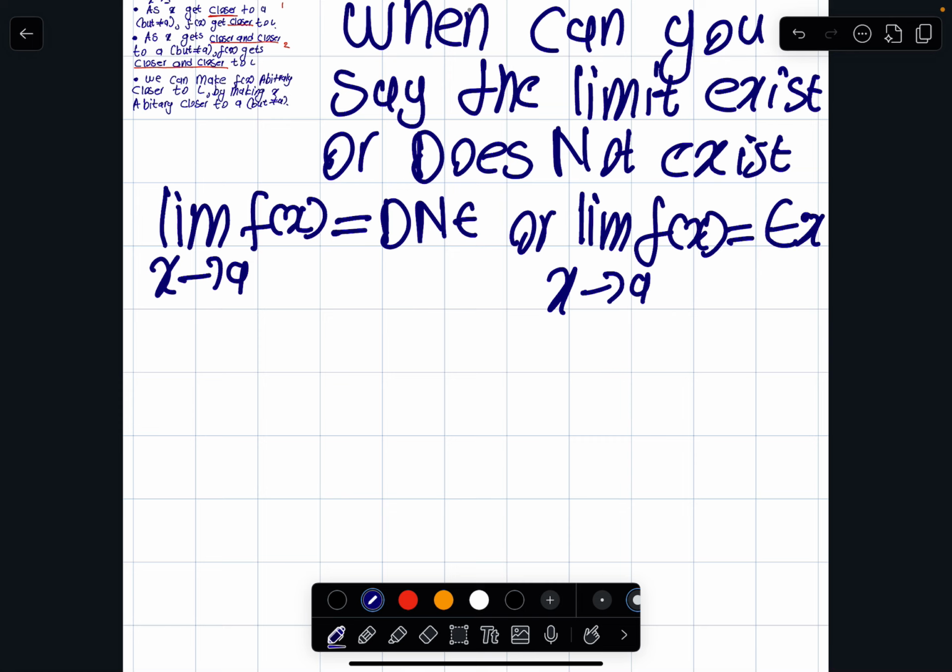When we say exists, it means it has a certain value. It can be any defined value, 1, 2, 3, 4, except plus or minus infinity. We only want real numbers.